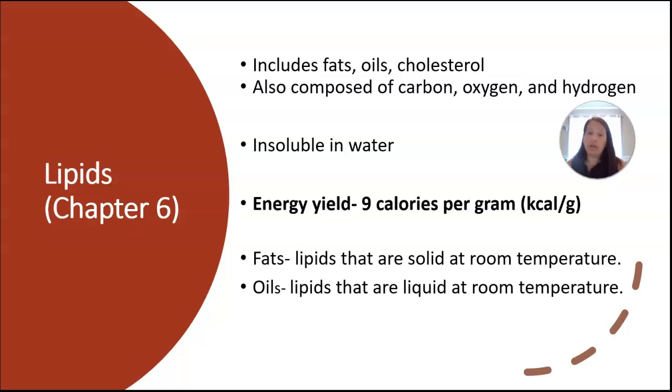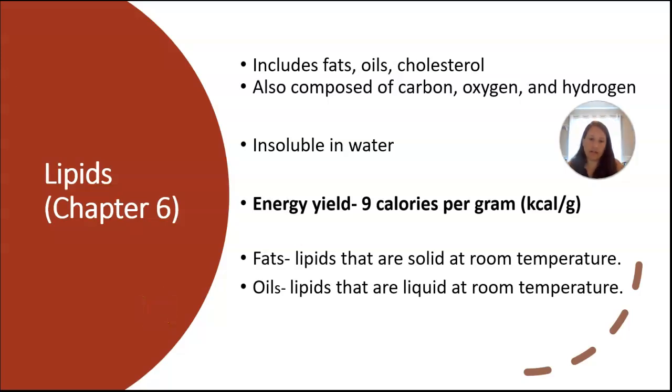These are also going to be composed of carbon, oxygen, and hydrogen, just a different arrangement than we see in carbohydrates. Lipids are insoluble in water, so you may have heard the term hydrophobic, water-fearing. They don't associate with water. If you've ever put oil into water, you see how they remain separate. Okay, they don't dissolve.